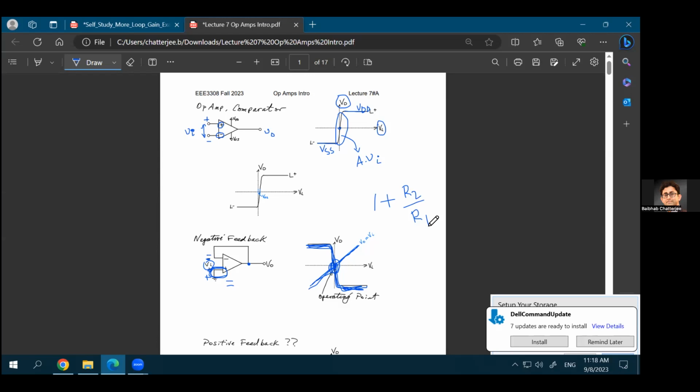And in this case, the equation is A divided by 1 plus A beta. That's your overall gain equation from your input node to the output node. If this were a positive feedback instead of negative feedback, this would have become 1 minus A beta. So that's the inversion that you're talking about.